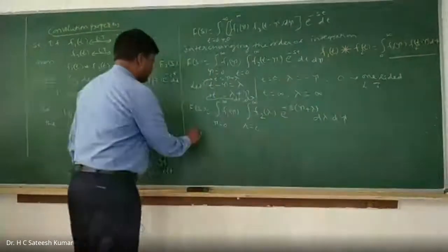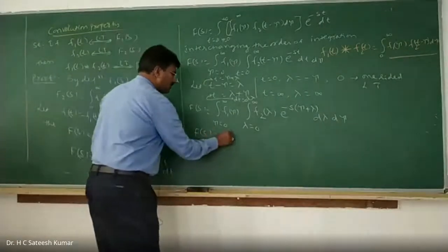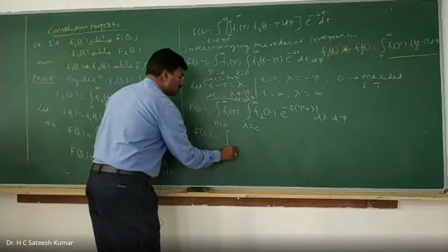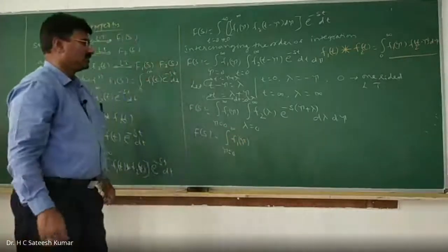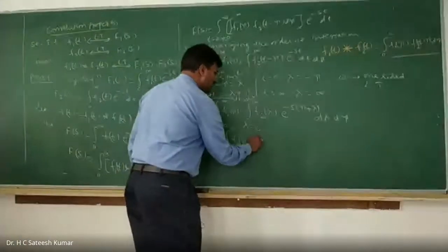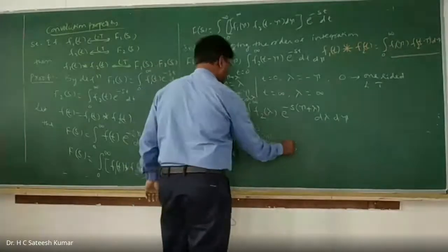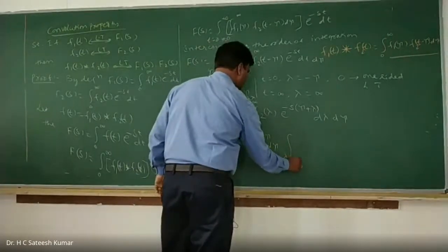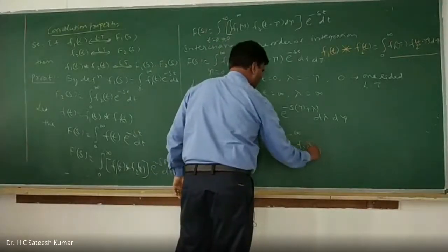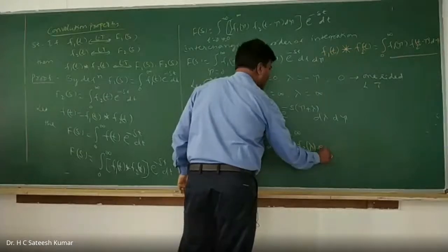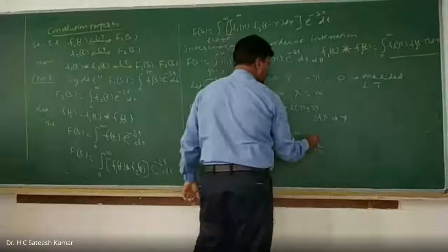Now, f of s is equal to what? Integration, tau ranges from 0 to infinity, f1 of tau into e to the power of minus s tau into d tau, into integration lambda ranges from 0 to infinity f2 of lambda into e to the power of minus s lambda d lambda. I have taken e to the power of minus s tau out, and minus s lambda is left.